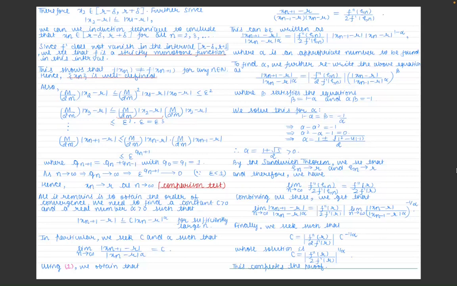Now again you do the same computation with x3 minus r, and you see it is smaller than m by 2m times mod x2 minus r times mod x1 minus r.